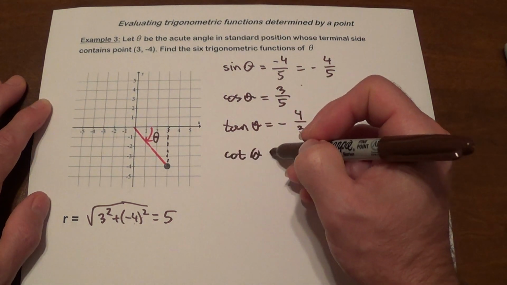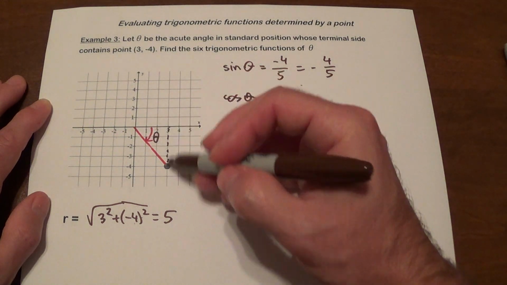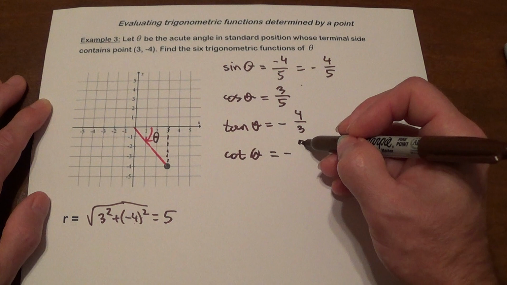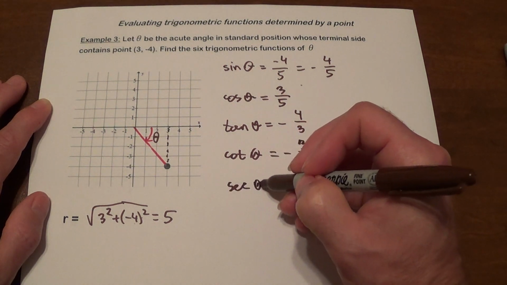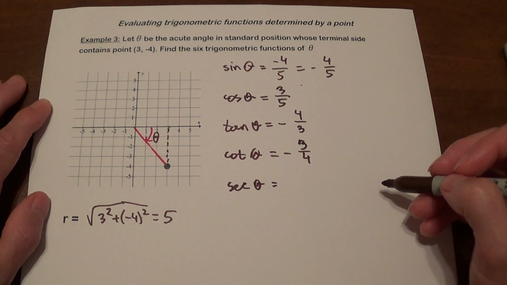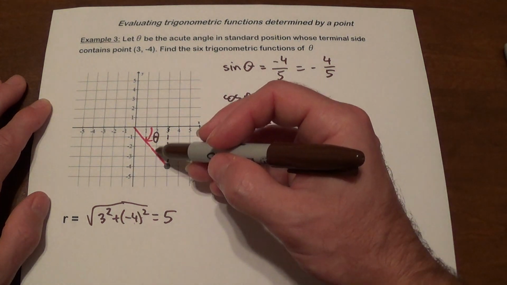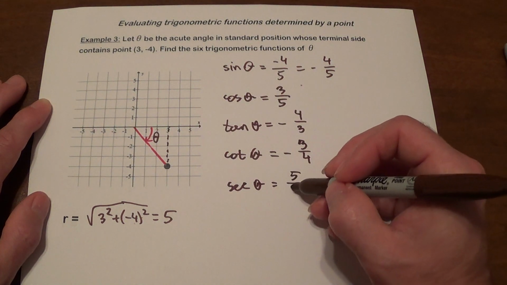Cotangent theta is going to be adjacent over opposite, so 3 over negative 4, or negative 3/4. Secant theta is going to be hypotenuse over adjacent, so that's going to be 5/4.